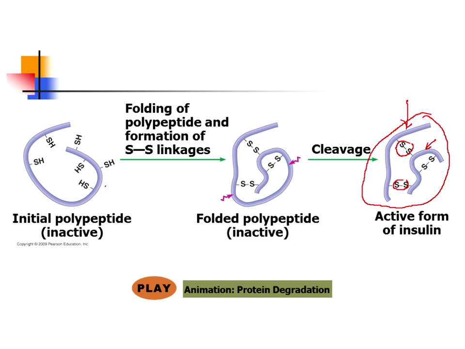Then an enzyme comes in and clips the protein in these two spots, and so it makes two polypeptide chains. First the disulfide bonds are formed, then it is clipped, so that you have two polypeptide chains stabilized by the bonds. And this is the active form of insulin.